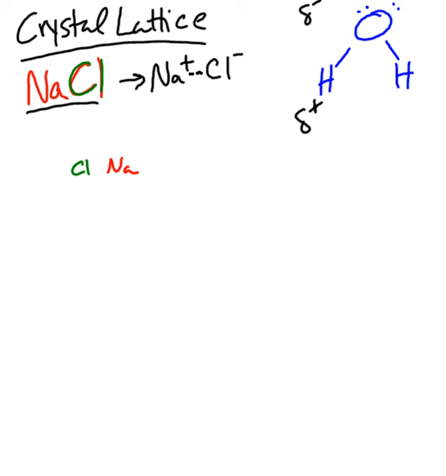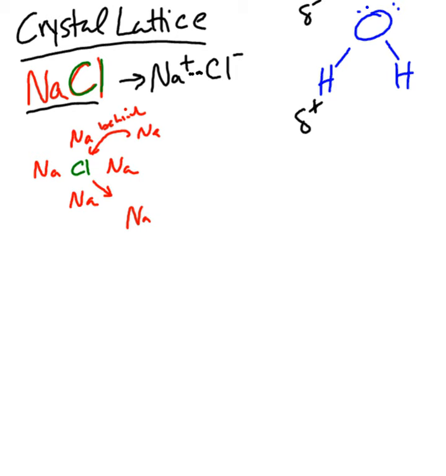But as it turns out, surrounding every chlorine in every direction, there's 6: there's 4 here, and then there's 1 going into the board, and 1 coming out of the board. There's also 1 back behind it, and there's actually another one coming out towards you.